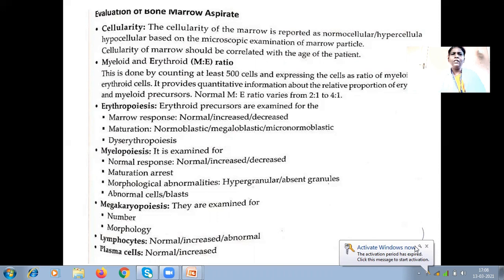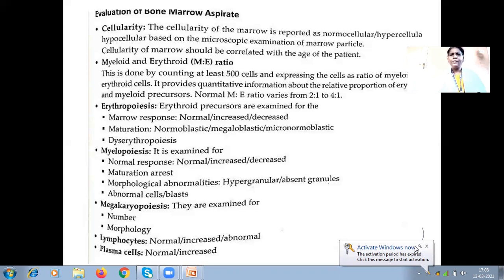Then the myeloid erythroid ratio is done by counting at least 500 cells and expressing them as a ratio of myeloid to erythroid cells. It provides quantitative information about the relative proportion of erythroid and myeloid precursors. The normal M/E ratio varies from 2:1 to 4:1.